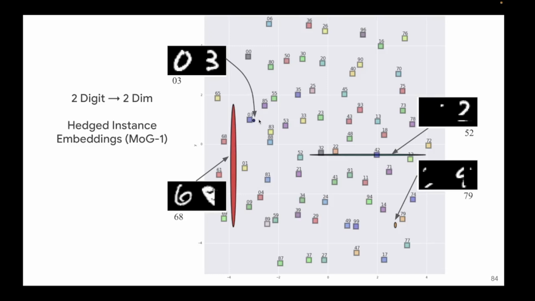For this clean sample, the squares here are class centroids. So these are not real embeddings, these are more like centroids. And this small circle here is a Gaussian distribution predicted for 0, 3. It's a very clean sample, so it has a smaller variance. But for this one, actually 52 is a good example. The ground truth is 52, but you don't see the first figure almost completely.